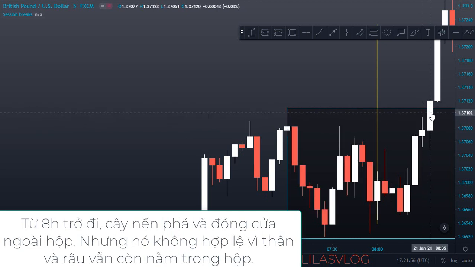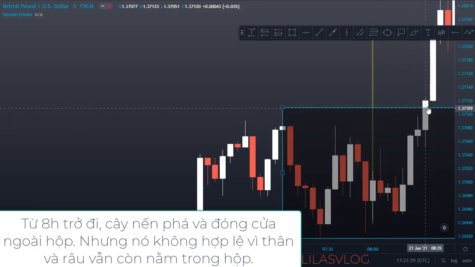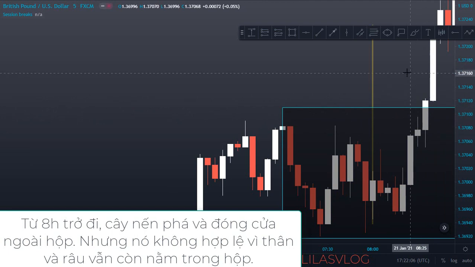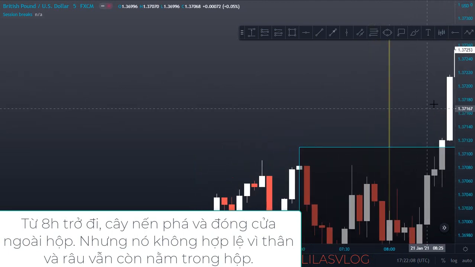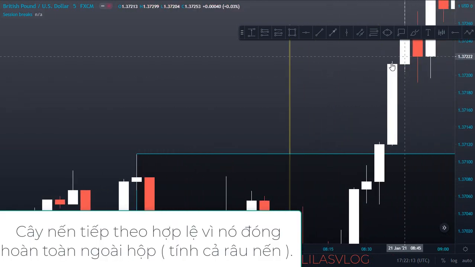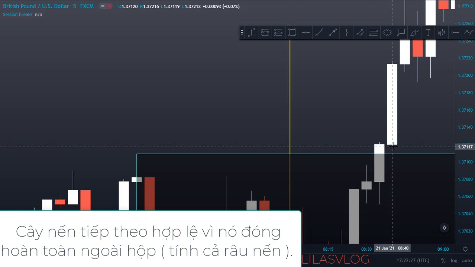The answer is no, because the body is still stuck in the box, so we don't know what really happened. What we are waiting for is this candle. You see this? This candle closed completely outside and above the box. The highest price and the lowest price are totally outside the box.